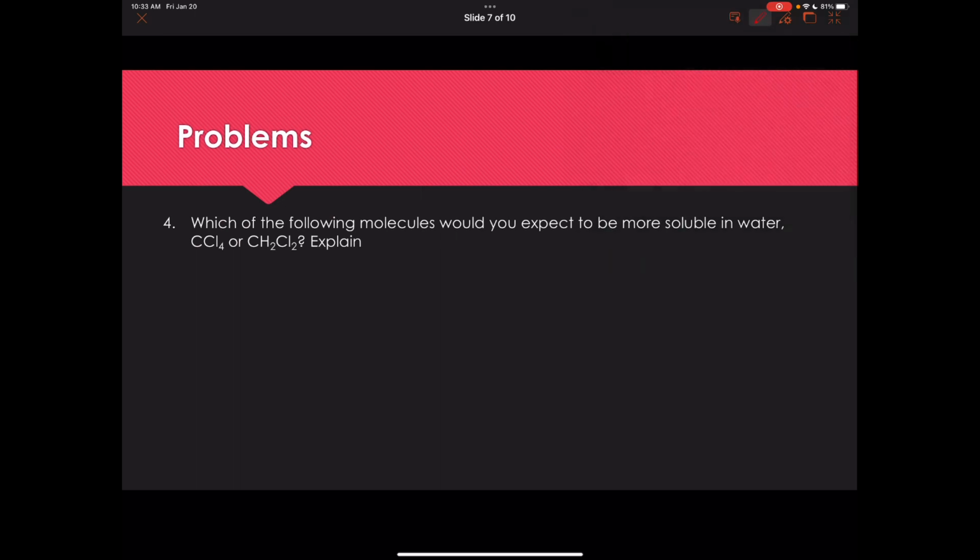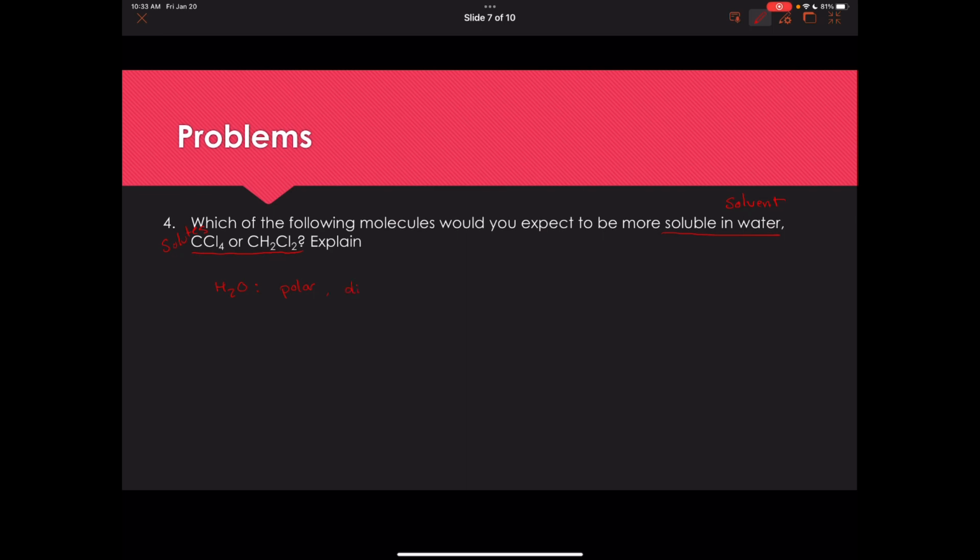So we're going to break this down similar to what we did with the previous problems. We're going to look at the solvent, my water, and my possible solutes. So if we look at the water, we've already described the water as being polar.